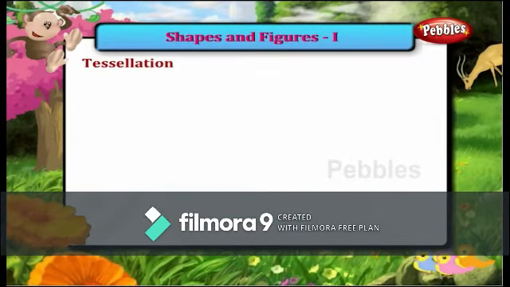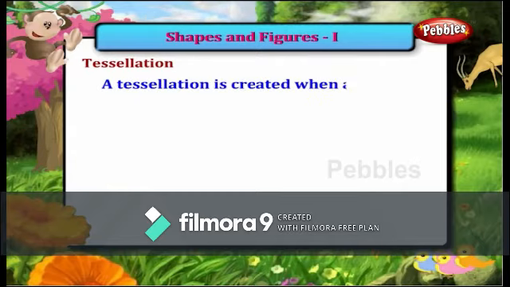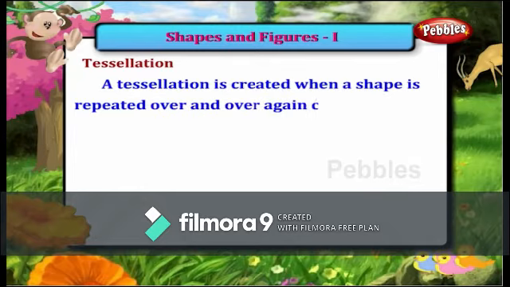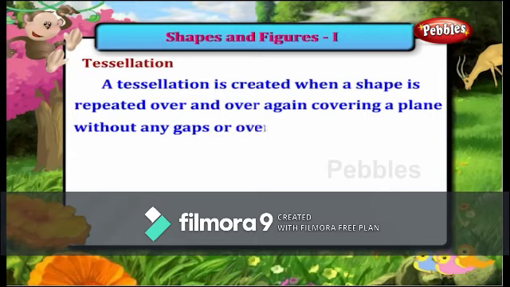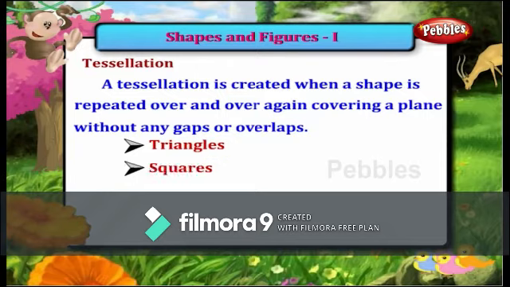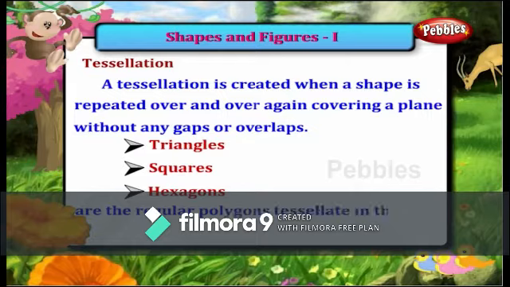Tessellation. A tessellation is created when a shape is repeated over and over again, covering a plane without any gaps or overlaps. Triangles, squares, hexagons are the regular polygons that tessellate in the plane.